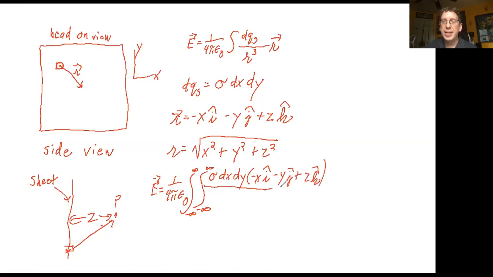And all that divided by, and you get a similar looking integral to last time. It's x squared plus y squared plus z squared to the 3/2 power. And so that's the integral we're going to solve.